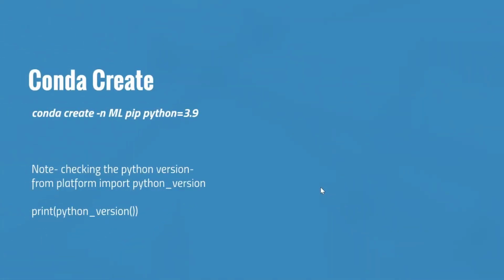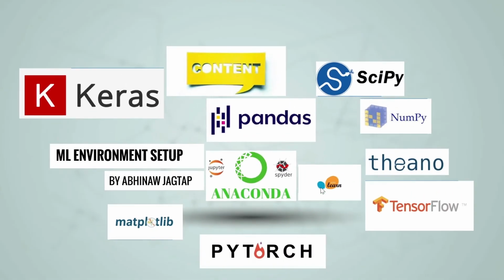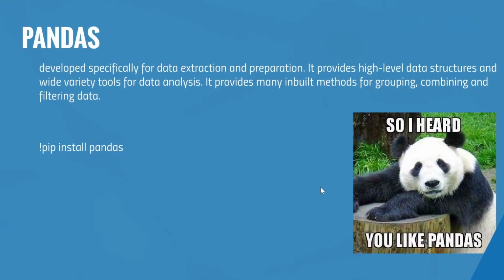Now after we have done the environment setup, let us look at each library one by one. So first of all, we'll look at one of the most important libraries, that is Pandas. Pandas is a library which we do not use directly for the purpose of machine learning or deep learning, but it is specifically developed for data extraction and preparation of the data.